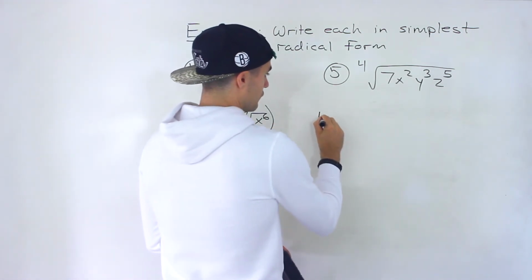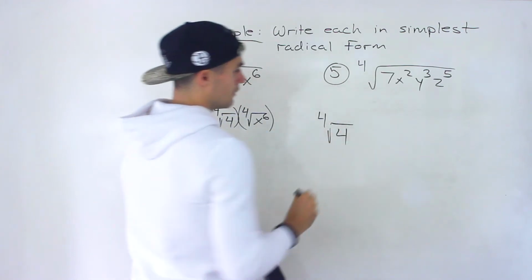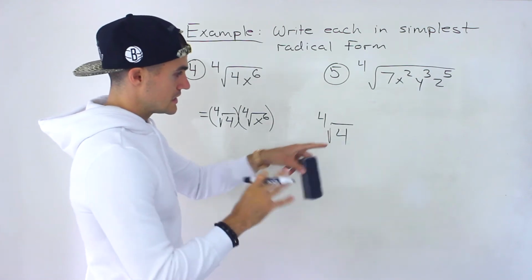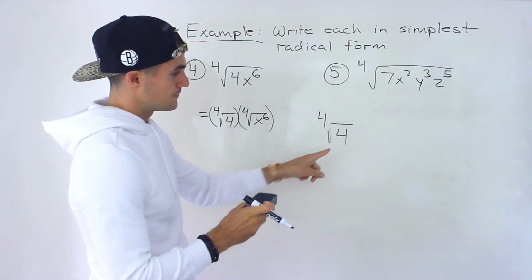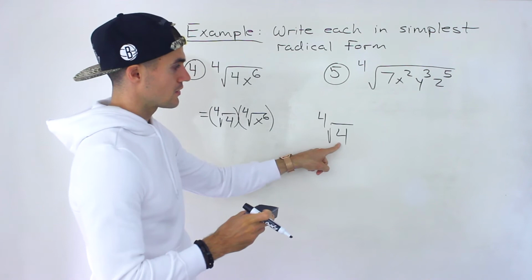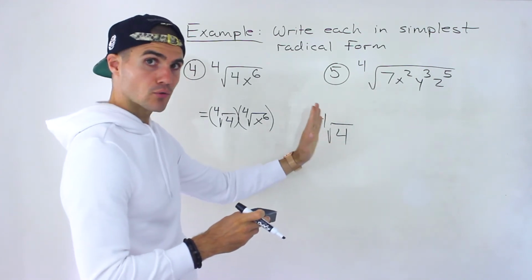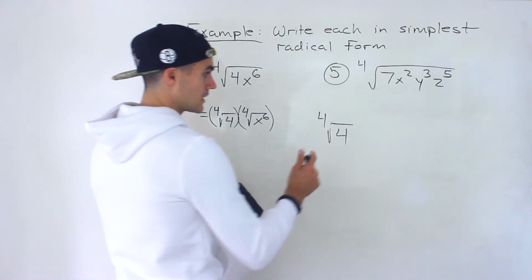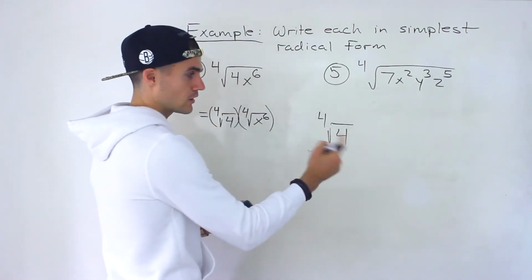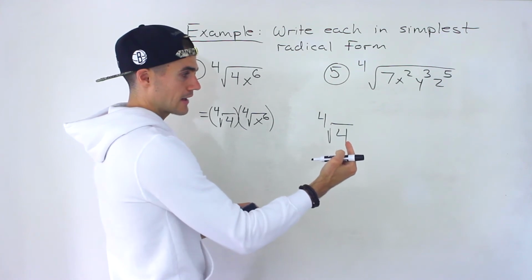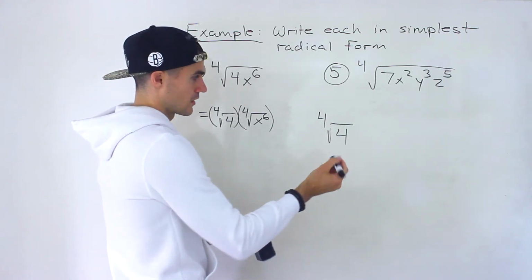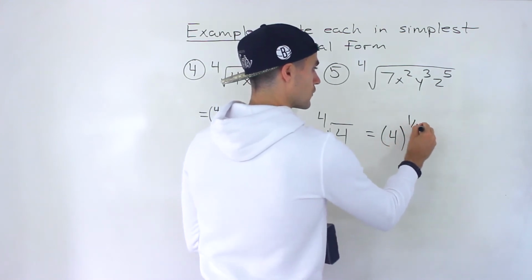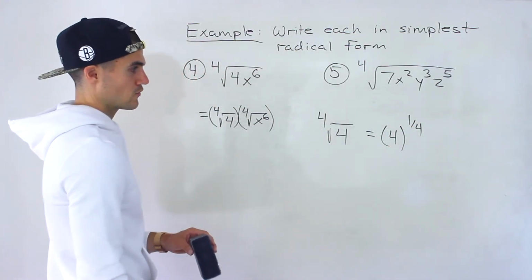So the fourth root of 4. Remember, what you want to do with these kinds of questions is you want to see, when you have an integer here, a number, can you take that number and rewrite it in terms of a lower base? And we can. We could take the 4 and rewrite it as 2 to the power of 2. Actually, before doing that, I'm going to just take this and rewrite it as 4 to the power 1 over 4, like that.